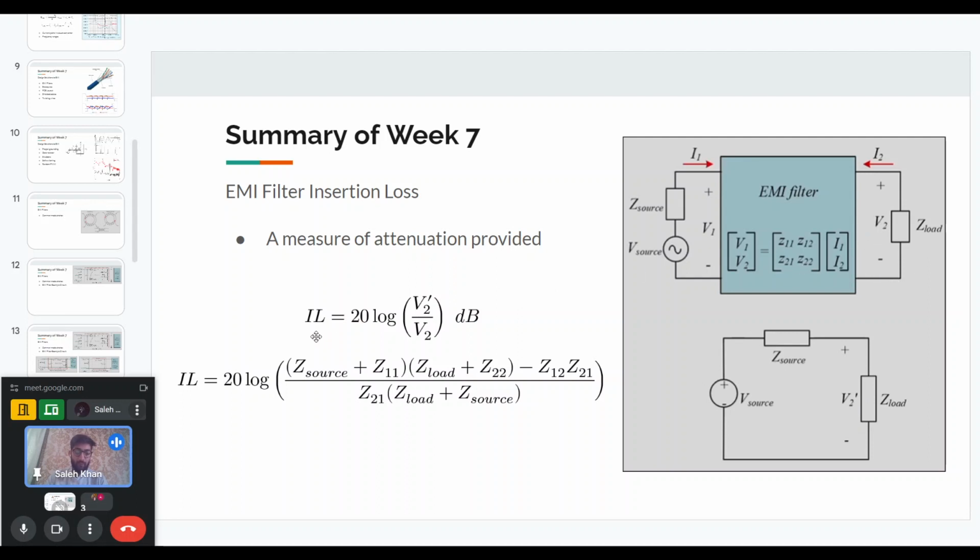Insertion loss is defined as the log of V2 dash divided by V2, so the insertion loss is basically the attenuation that is provided. If you try to find the expression by considering the EMI filter as a two-port network, you will get this equation.